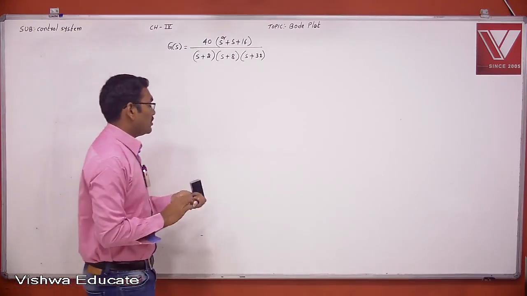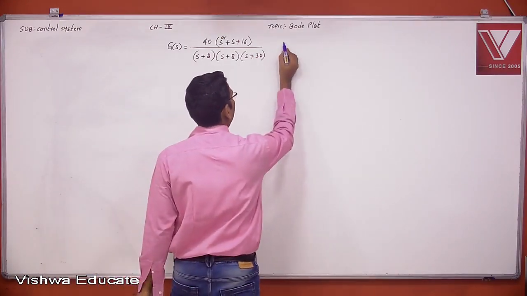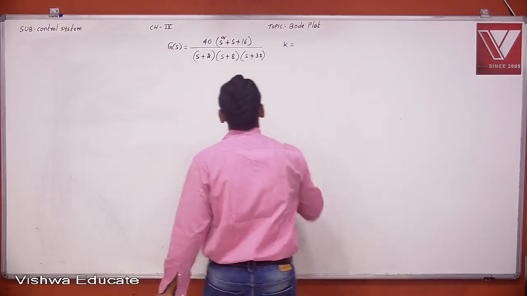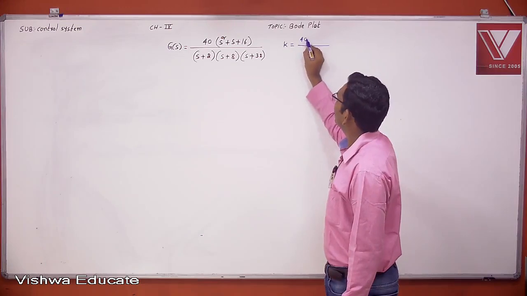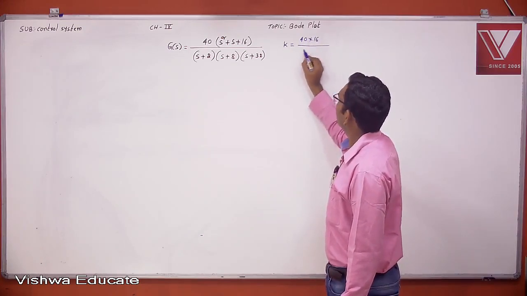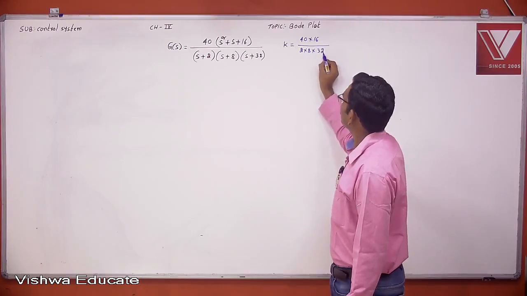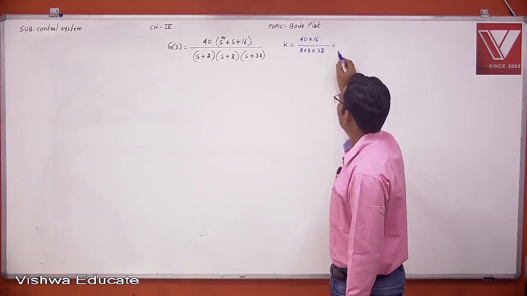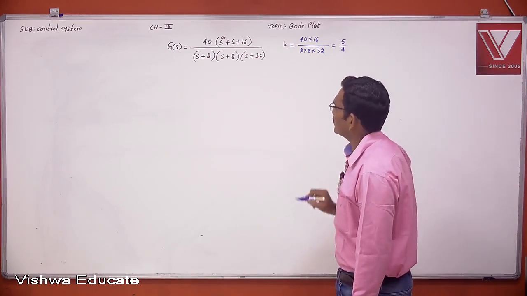I am giving one shortcut method for finding the gain. Numerator constants divided by denominator constants is the system gain. 40 into 16 by 2 into 8 into 32. 16 cancels. 5 by 4 is the system gain.